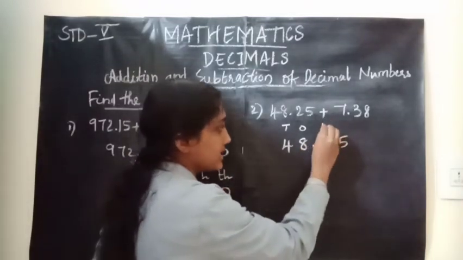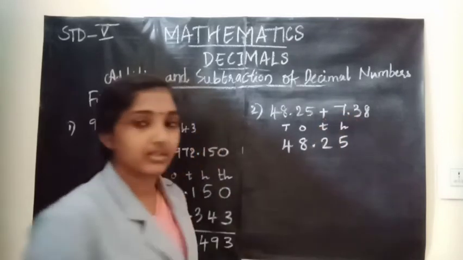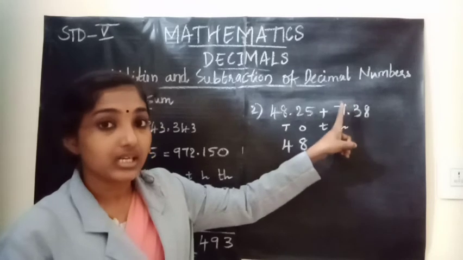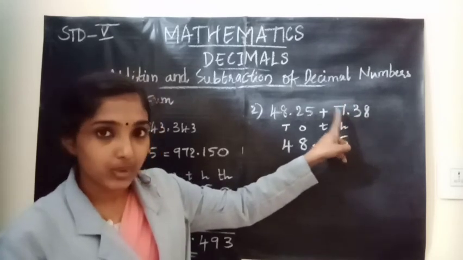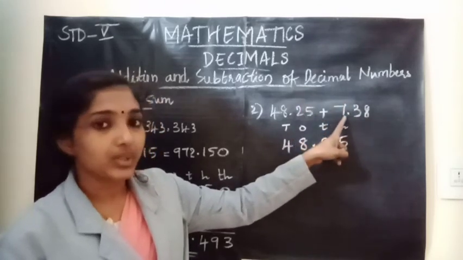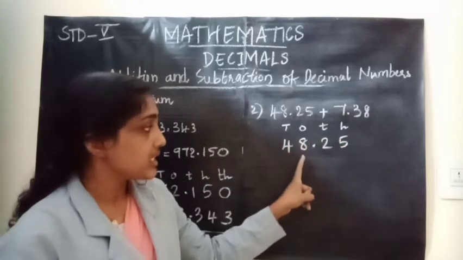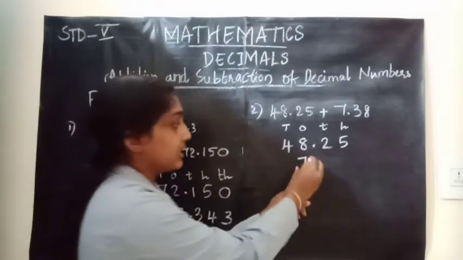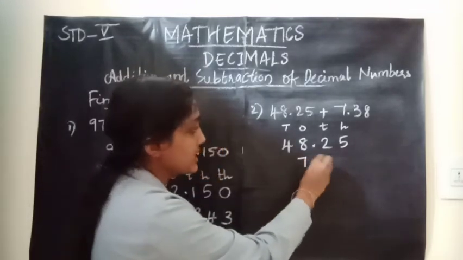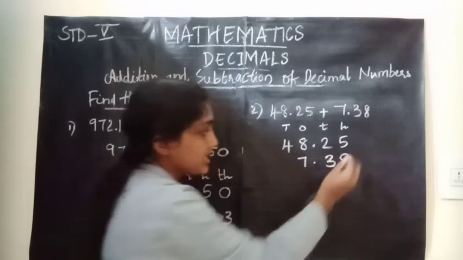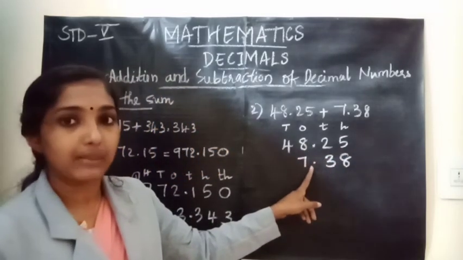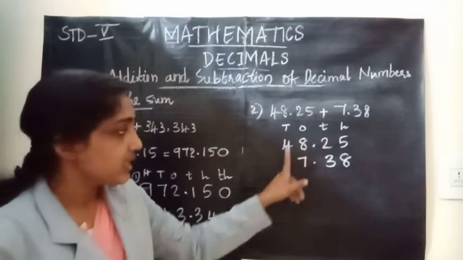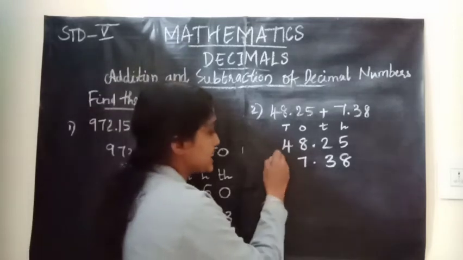After the decimal it is tenths, then hundredths. So the second number, 7.38, starts from the ones place, 7, only one digit in the whole number part. So we can write 7 in the ones place. See, our decimal point should come in the same vertical line.